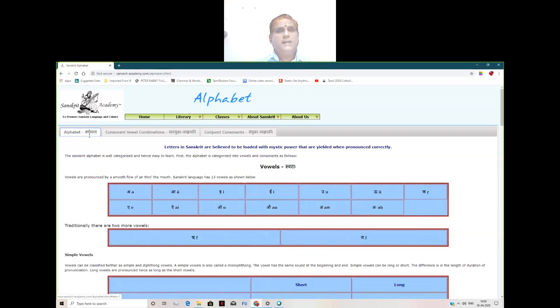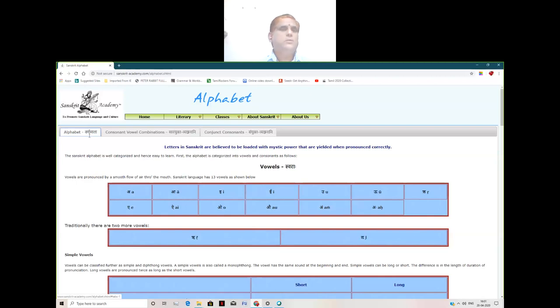Hindi and Sanskrit both use only the Devanagari script. The font is different. In Hindi they use the Hindi font, and in Sanskrit the Sanskrit font, but the script is Devanagari.